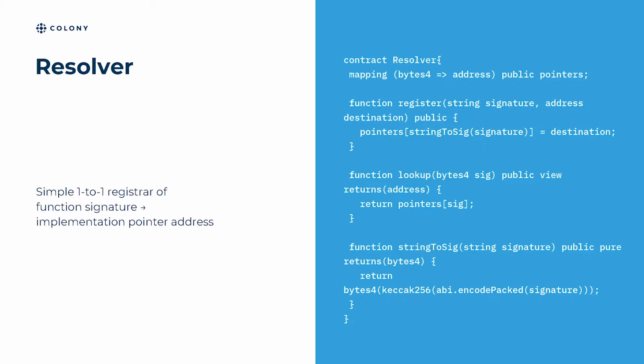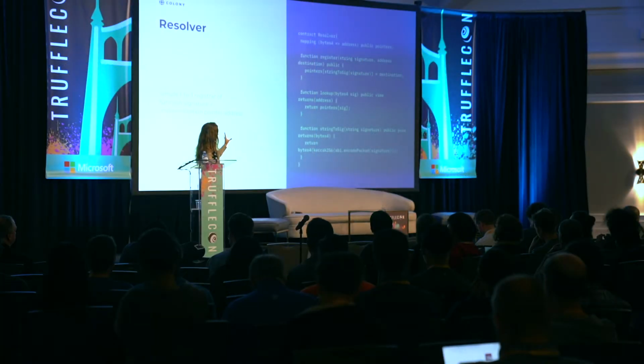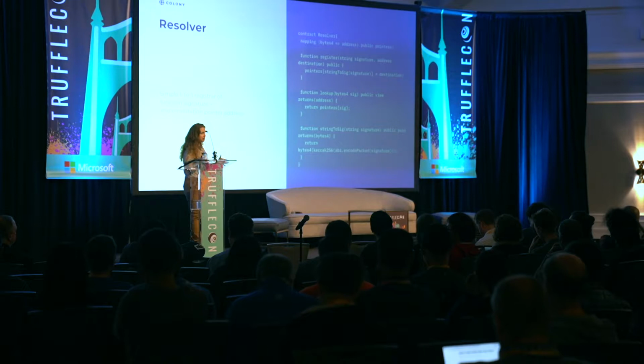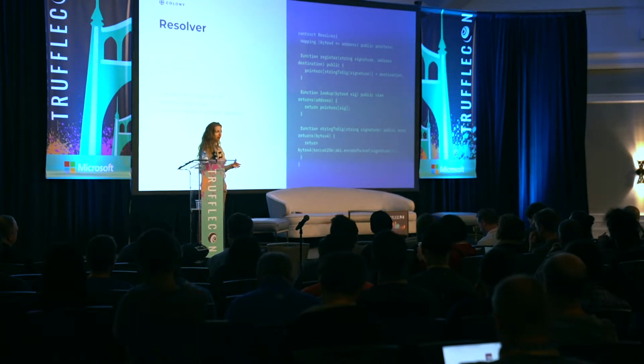It's as simple as that. The function at the bottom is simply a pure helper function that helps you get the function signature of a key. But what having a mapping here means is that at the iterator address you can have potentially an unlimited amount of code.